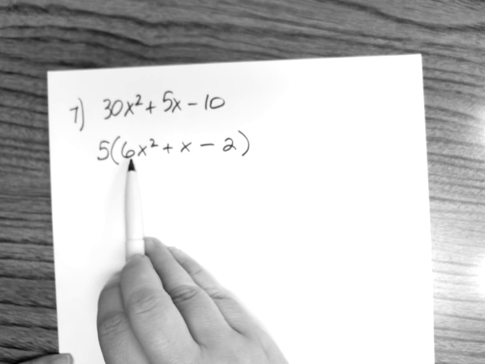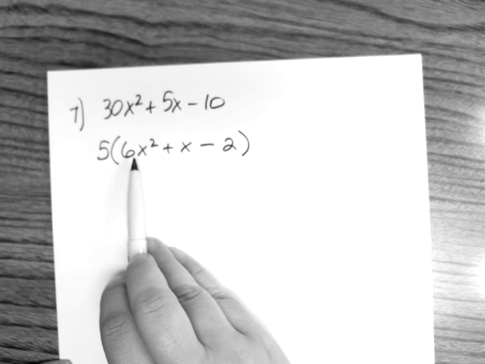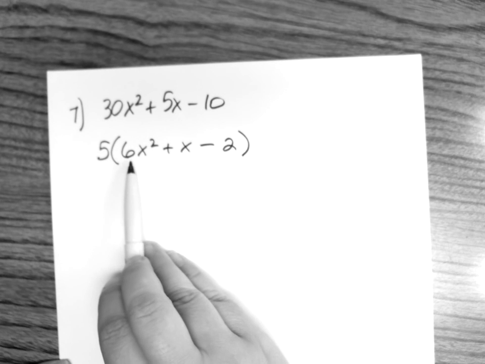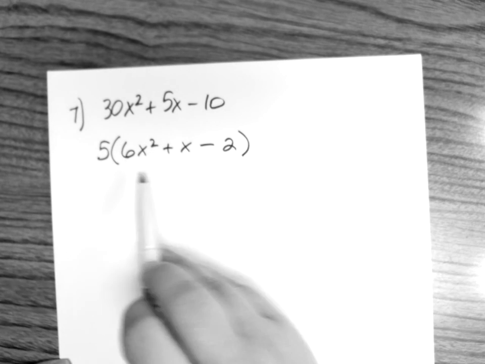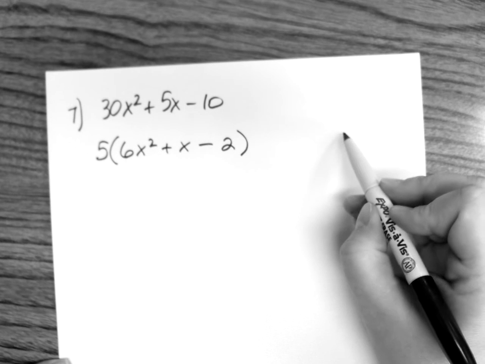Sometimes when you take out that greatest common factor, you no longer have a coefficient in front of x squared that's not 1. Okay? In other words, sometimes when I take out the greatest common factor, then it's the easy kind of factoring. But this one still has a number in front of x squared that's not 1. So I still have to use box method. So I'm still going to have to go 6 times negative 2 is negative 12.